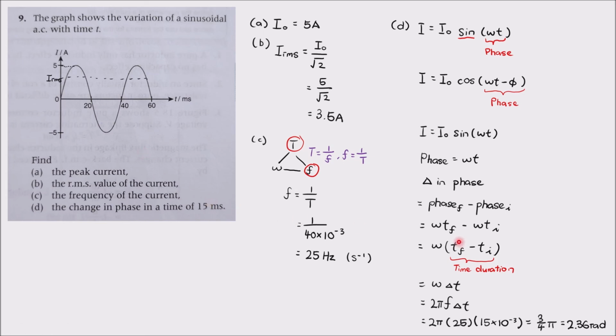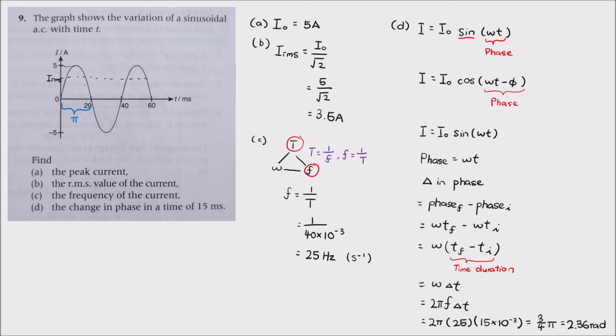Okay, so you can think of it as the current probably starts here, then after 15 milliseconds, you end up here. And how much phase has changed? If you look over here, it's 3 over 4 of a pi. A pi will be the distance from here to here, right? Because that's half of 2 pi. Half of 2 pi means half of the wave cycle.